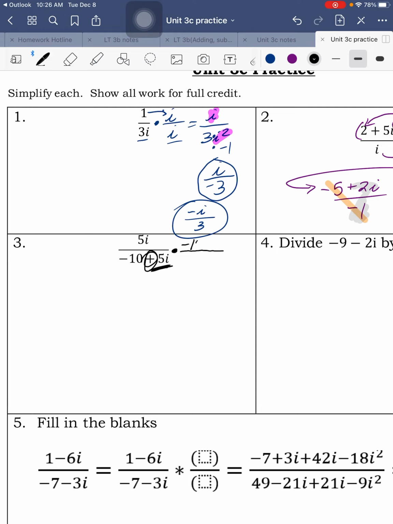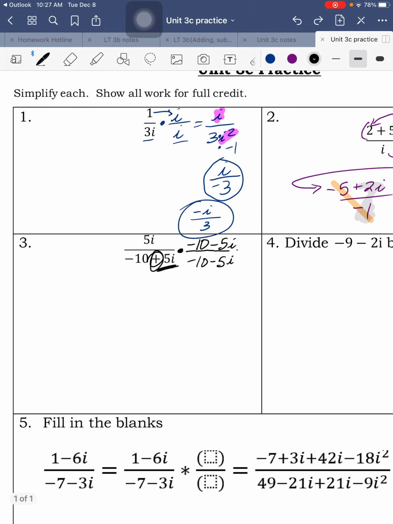So it's -10 minus 5i. Again, what we're multiplying by is equivalent to 1. It's a weird looking 1, but that is 1. So we're really not changing the value of the original expression.